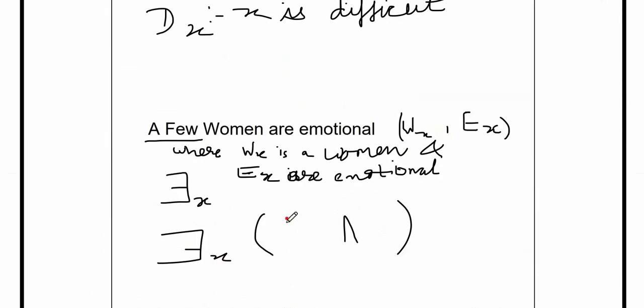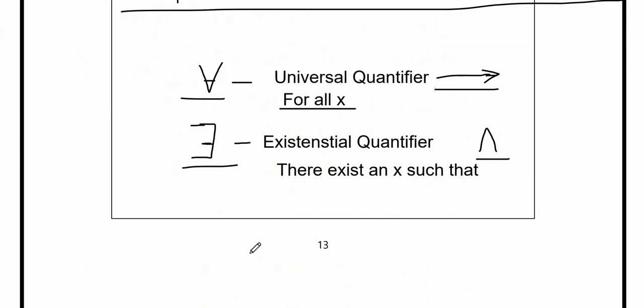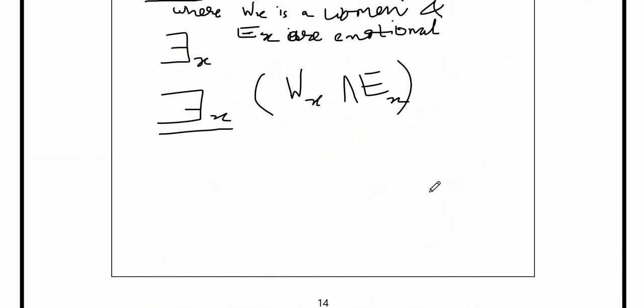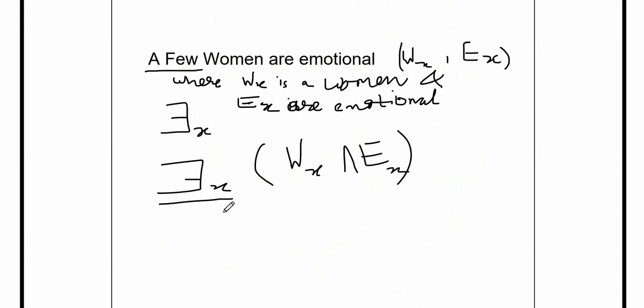Alright, so we have Wx and Ex, which means this is to be read like this: there exists an x such that x is a woman and x is emotional.